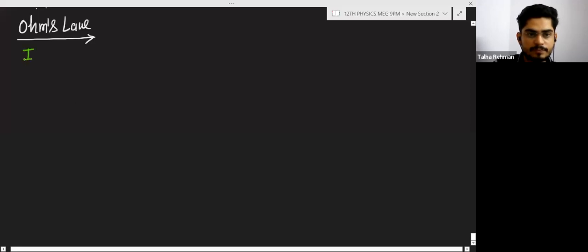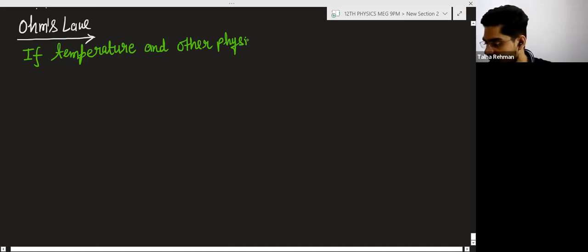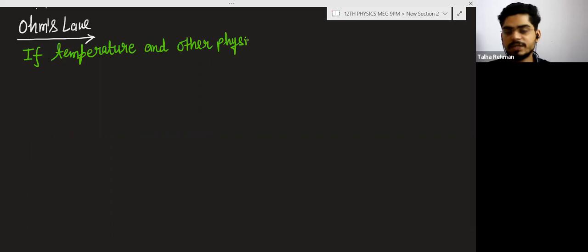If temperature and other physical quantities, other physical quantities means you can say the number density n, or the volume, or you can say length and area.